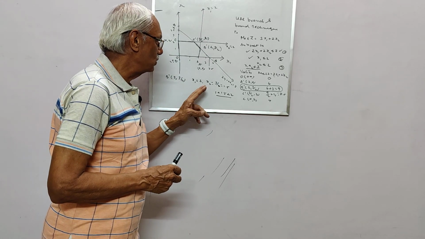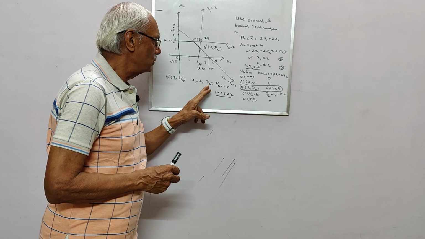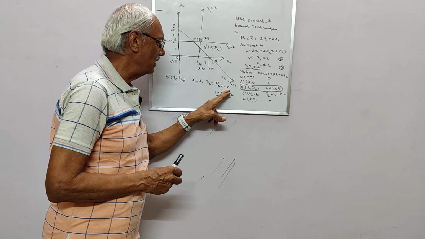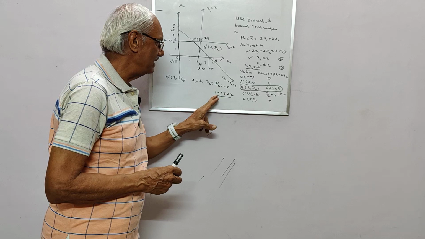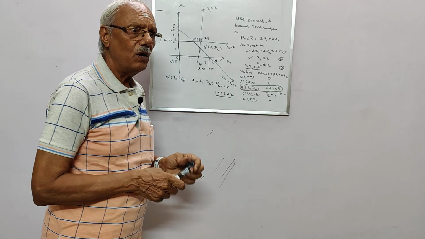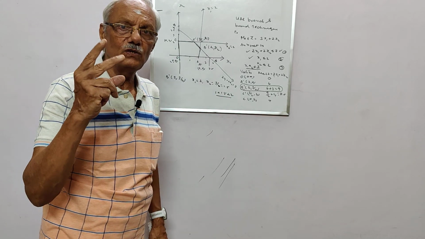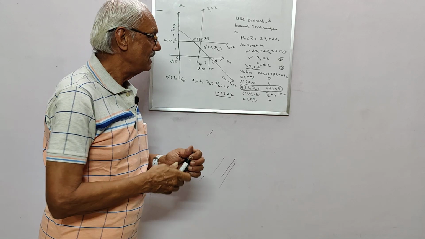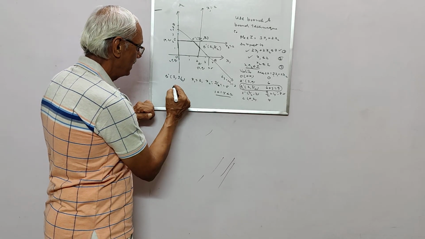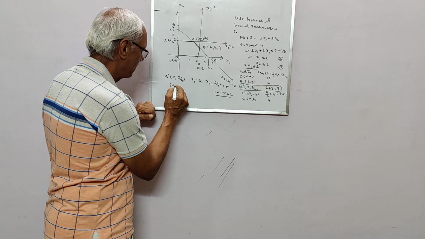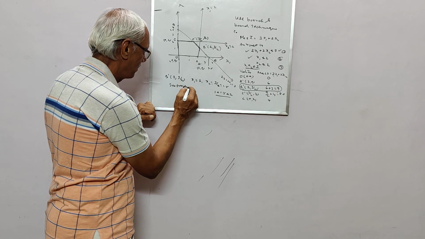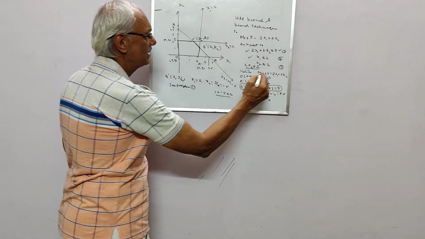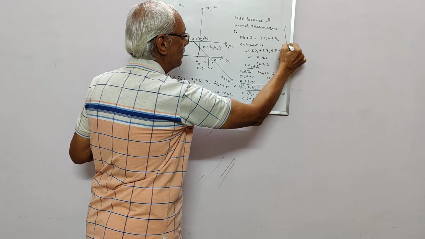Now what I am going to do, so the x2 value is equal to 1.5 and this 1.5 lies between 1 and 2. Now I am going to create two subproblems. See, what are those subproblems here?